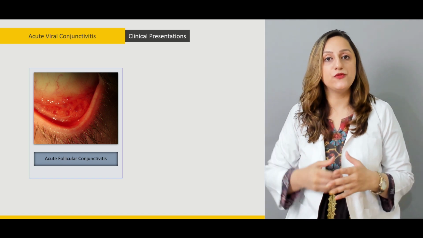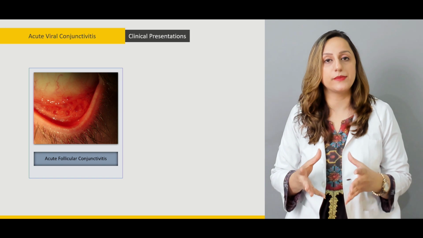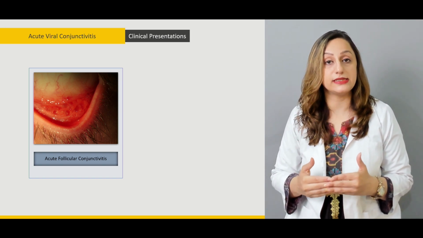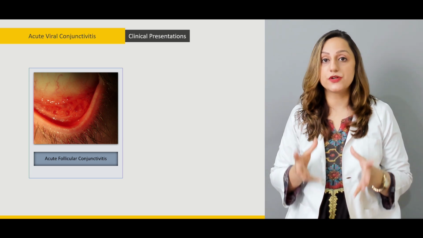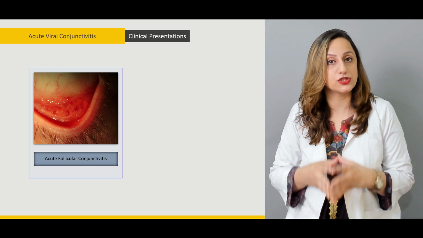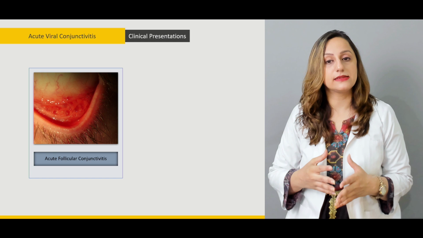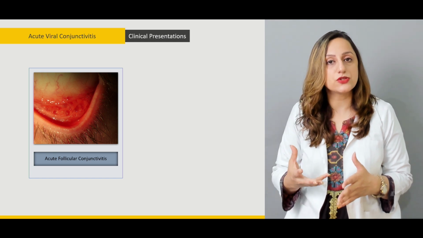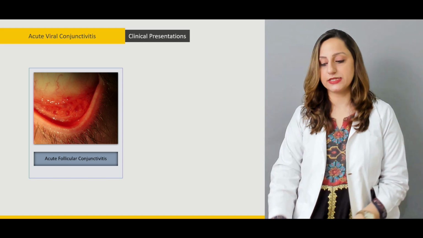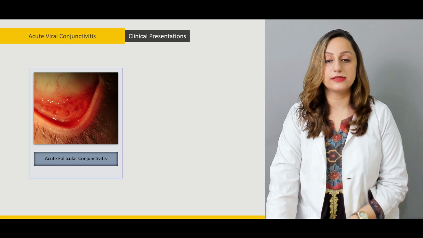When we evert the lids, it can be the upper lid, or most commonly the lower lid, we observe these follicles on the palpebral conjunctiva. That is the evidence that this patient is suffering from some sort of viral conjunctivitis. This is the most common presentation, as you can appreciate even in this picture.